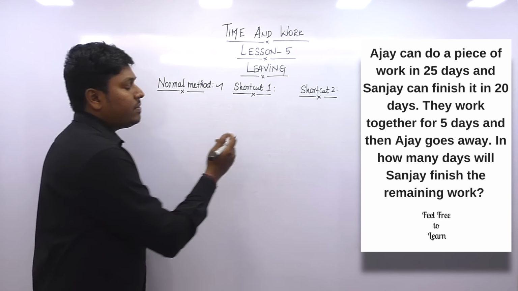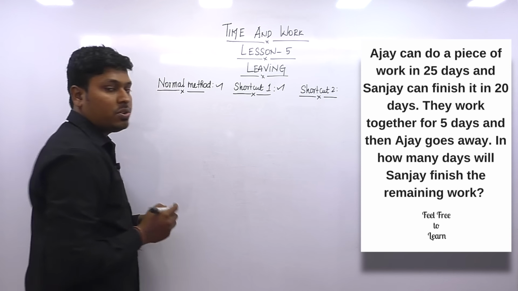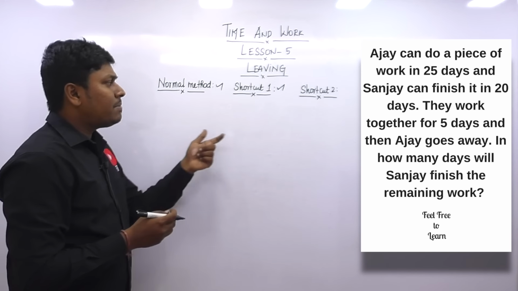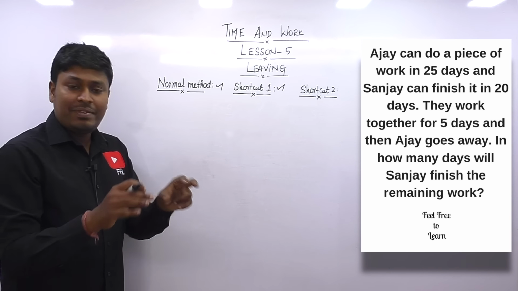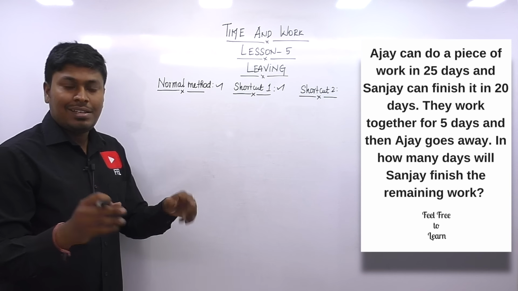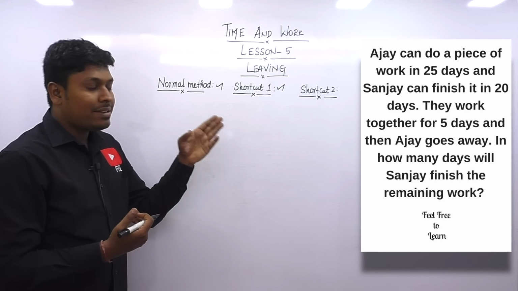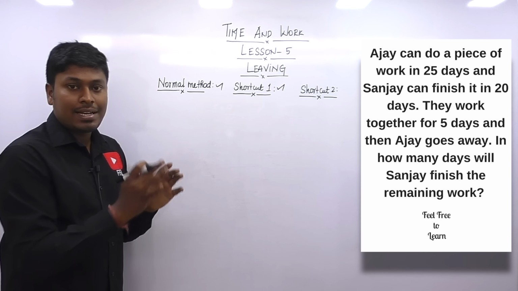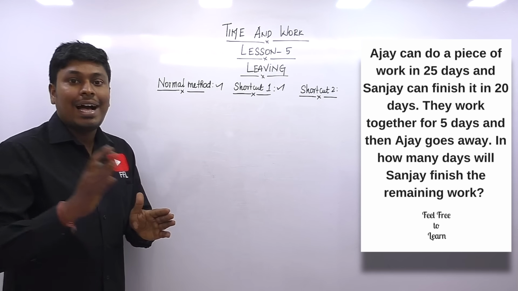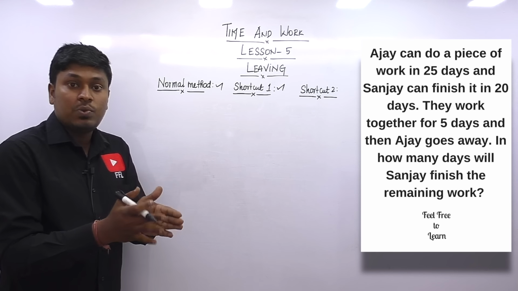Now let me solve this question by shortcut method 1. The shortcut method 1 uses the same logic that we applied in the previous 2 questions. What we did is we initially framed an equation, then we solved the question. Similarly, let me frame an equation first of all. We know that Sanjay and Ajay started working. After 5 days, Ajay left the job. For the first 5 days, who were working?